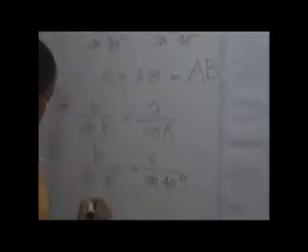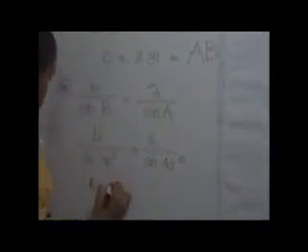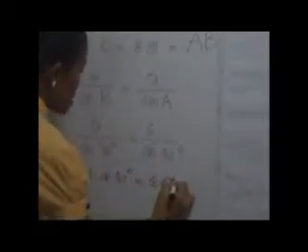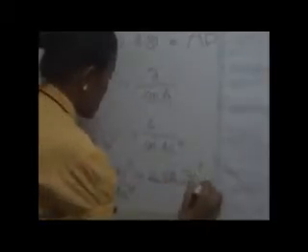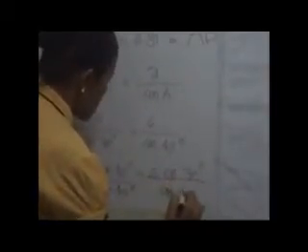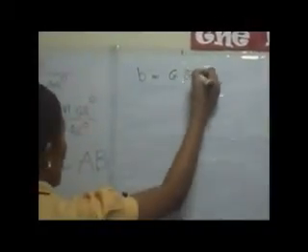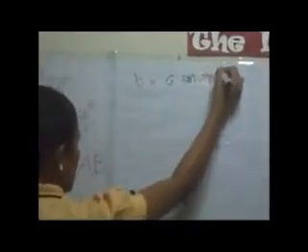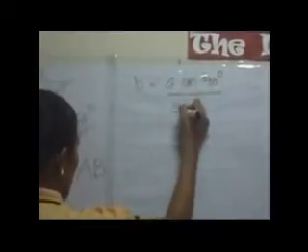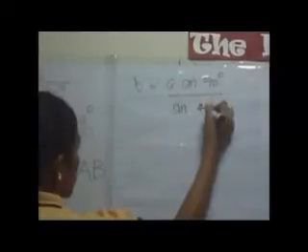So by cross multiplication, we have B sine 42 degrees is equal to 6 sine 70 degrees. Dividing both sides by sine 42 degrees, sine 42 degrees cancels. We have B is equal to 6 sine 70 degrees over sine 42 degrees.